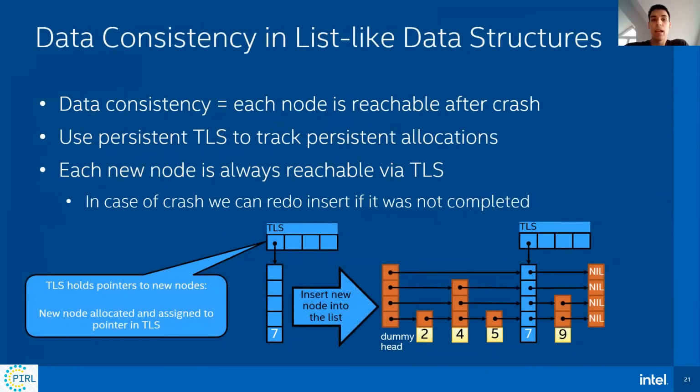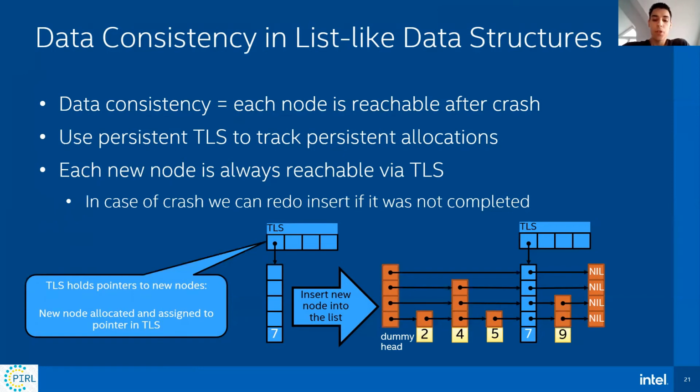Since we are using atomic write instructions for synchronization, we cannot use PMDK transactions to guarantee durability or consistency. And in this case, consistency in particular means that if any node was seen by a reader before the crash, it should still be visible after the crash, even if it was not fully linked. So even if we only updated some of the previous pointers. To solve this, we are using TLS.